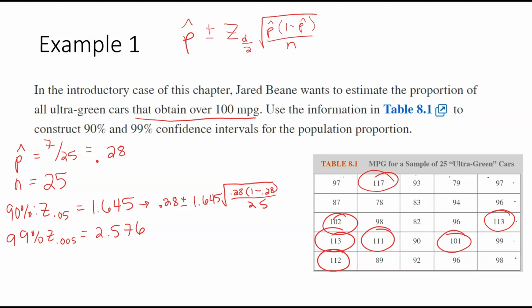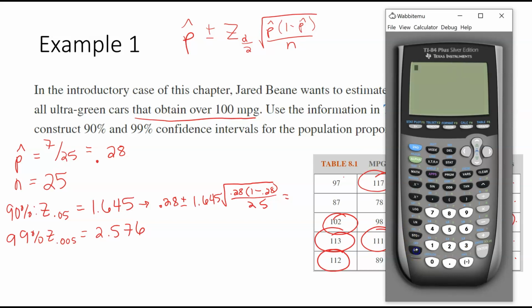I'm going to show you how I like to calculate this because it can be a little bit tricky. Type 0.28 times 1 minus 0.28, then hit enter, divide by 25, and then so I don't deal with rounding errors, I automatically take the square root of the answer.